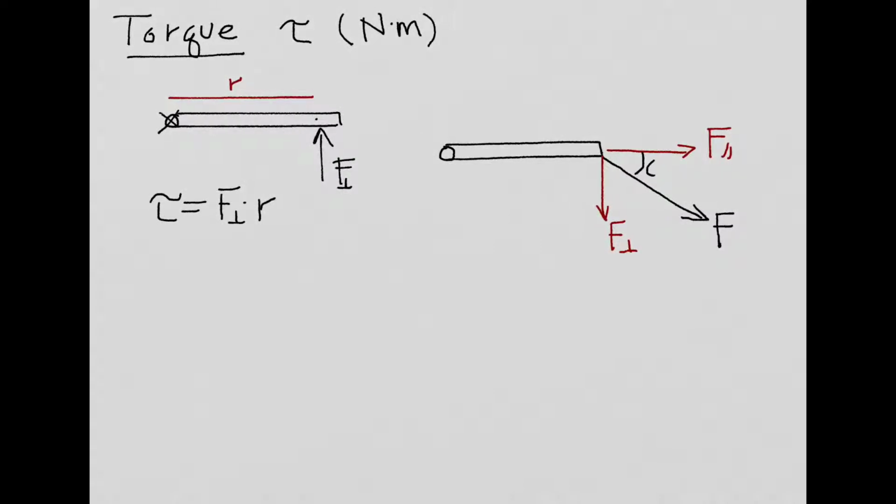If this is my angle theta, I now have a right triangle here, and I'm trying to find the size of the perpendicular component.